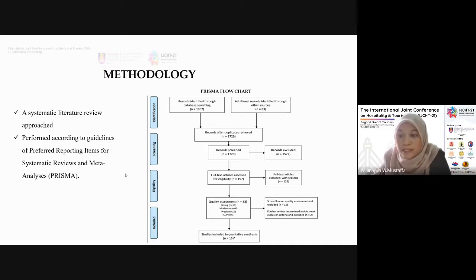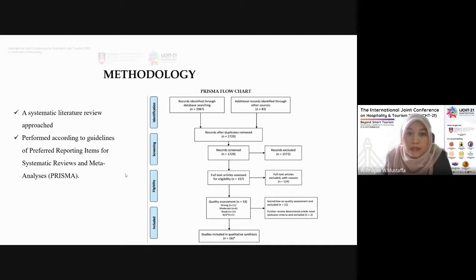PRISMA enhances the analysis of a comprehensive database of scientific literature at a specific period, which allows a precise search of terms to be conducted relating to the implication of 0% alcoholic beverages towards the Malaysian halal market, by Muhammad Sharif et al. 2019. So this is the PRISMA flowchart.